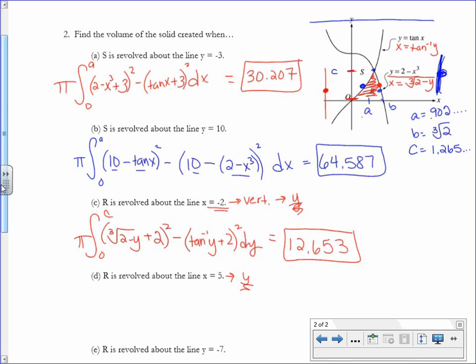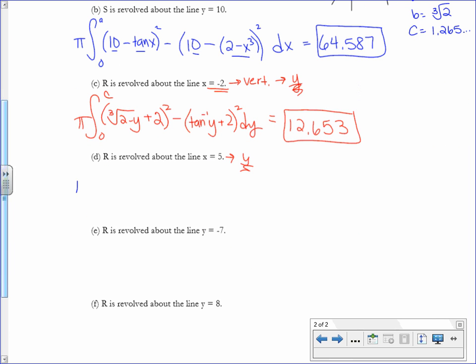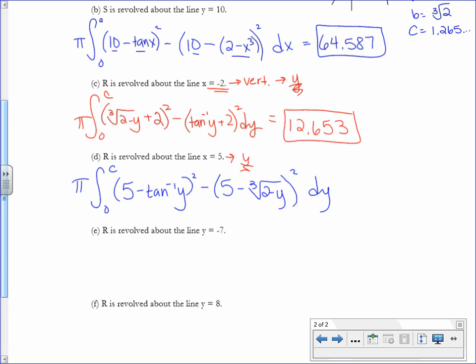So for part D, I'm going to have pi, the integral from 0 to 3, of 5 minus inverse tan y, minus 5 minus the cube root of 2 minus y, dy. Outer radius squared minus inner radius squared, 19.424.